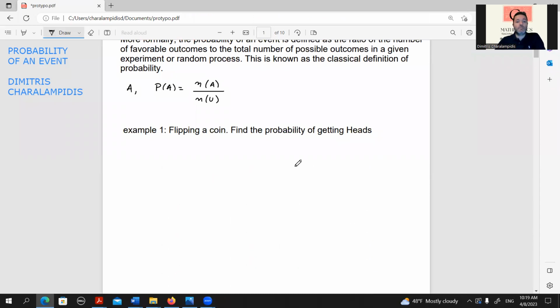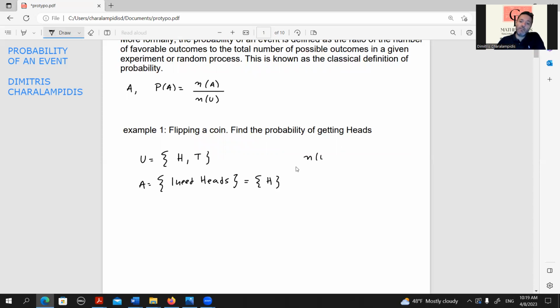Let's work some examples. Flipping a coin. Find the probability of getting heads. We have already seen that when flipping a coin, the universal set contains two outcomes, heads or tails. Assuming that our event A is the one where we need heads, this will simply contain the heads.